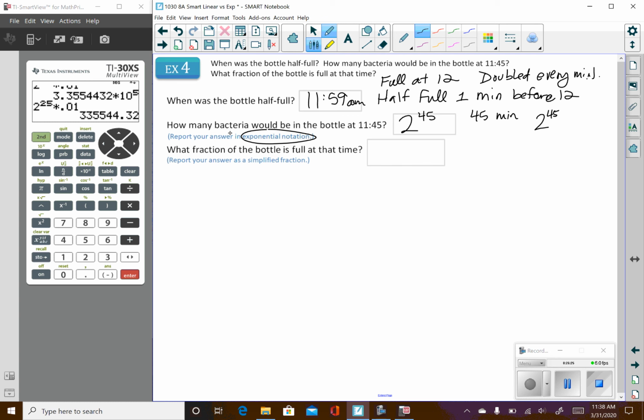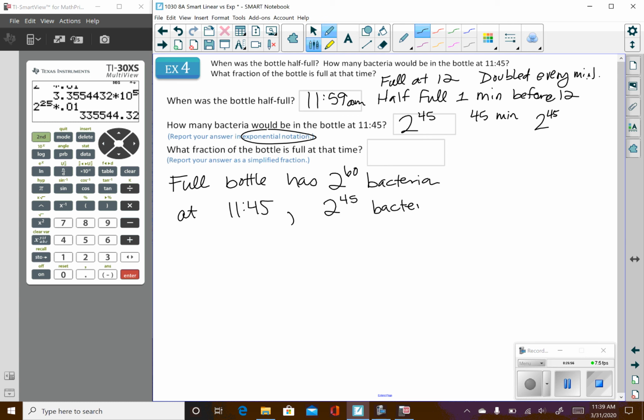All right, last part is the most tricky. What fraction of the bottle is full at that time? So remember, the full bottle has 2 to the 60th bacteria. Well, at 11:45, we just calculated that there's 2 to the 45th bacteria.